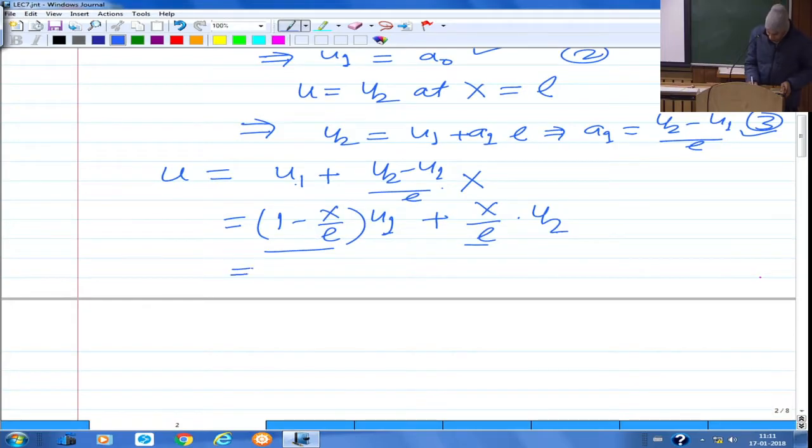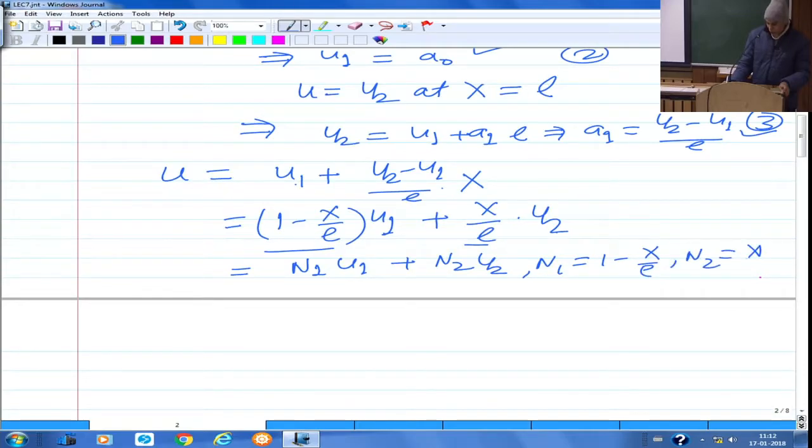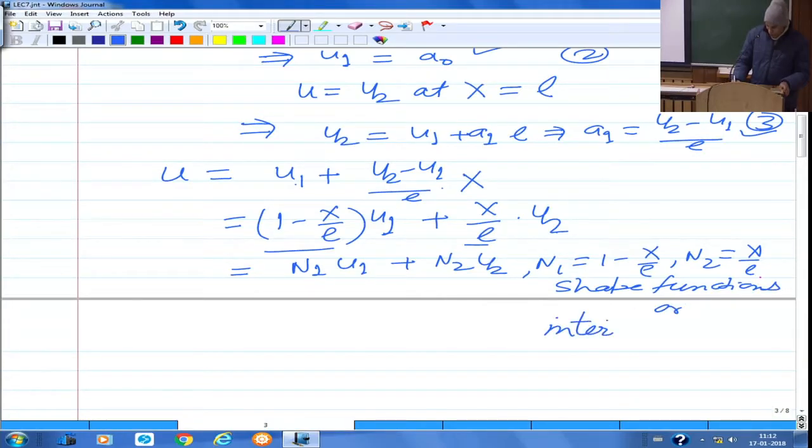So there is again a name for this. Usually we give notation as, let us say, n1 for this shape function into u1 plus n2 into u2. Here n1 is 1 minus x by l and n2 is x by l, and these are referred to as shape functions, or sometimes interpolation functions.